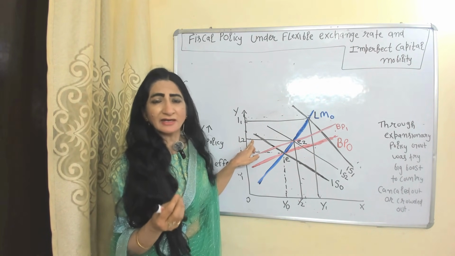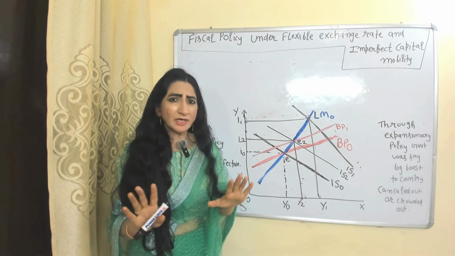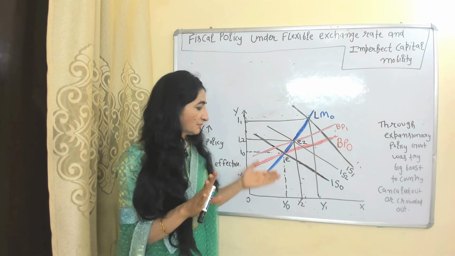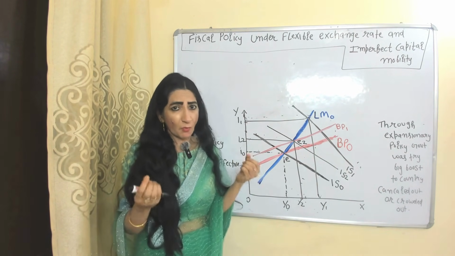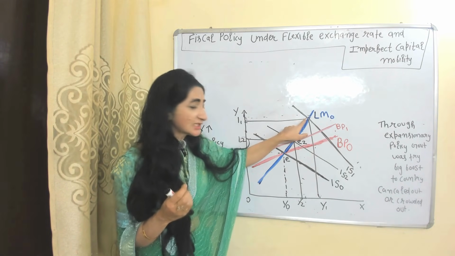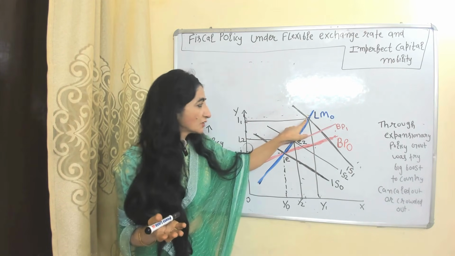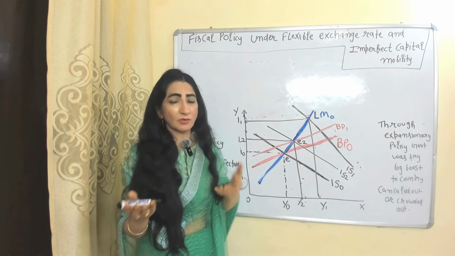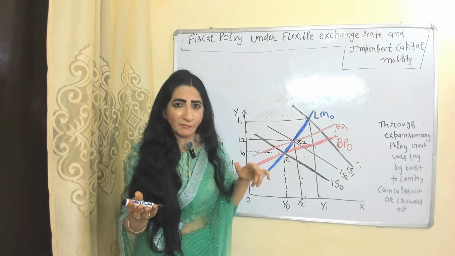But still here fiscal policy is not very effective. No doubt fiscal policy is effective because income increases, but it is not very effective. But why? Because we could achieve this point. Government through fiscal policy could achieve this point, but we are not able to achieve it because our net export falls.